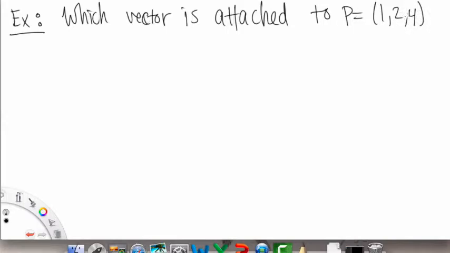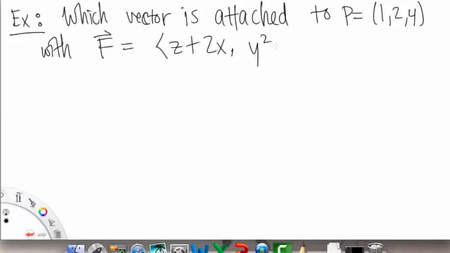So here we have a three-dimensional vector. Okay, and then I'm going to give you the vector field, that'll be z plus 2x, comma, y squared, comma, x, y. Okay? So basically all we have to do is plug in P for all of these. So x equals 1, y equals 2, and z equals 4 from our point.